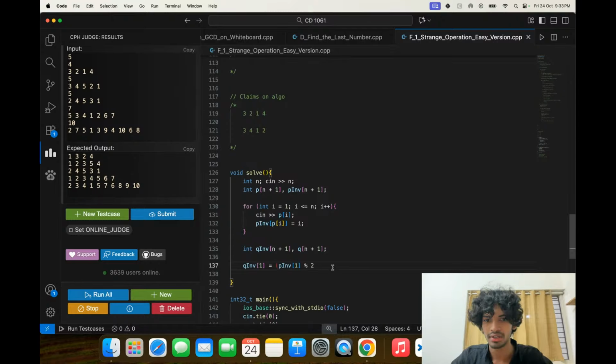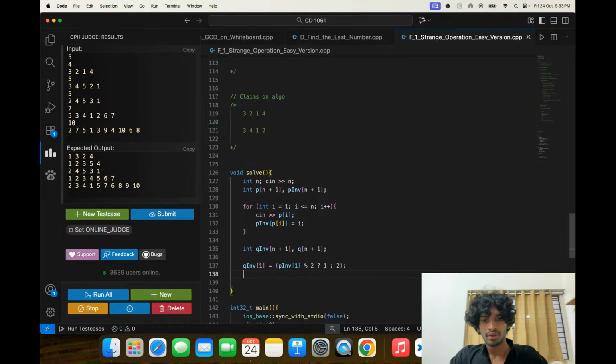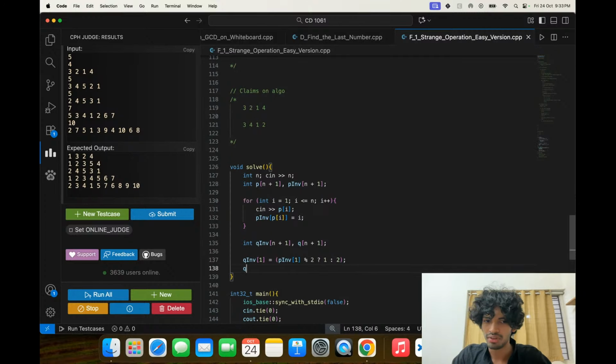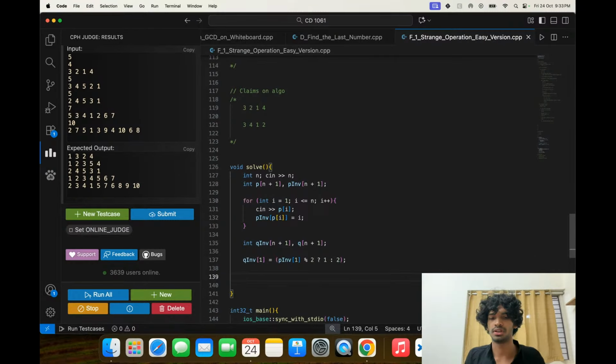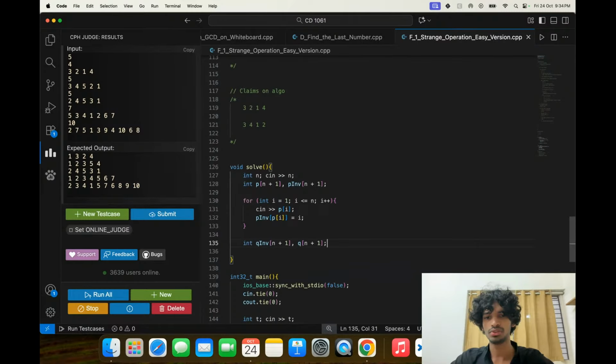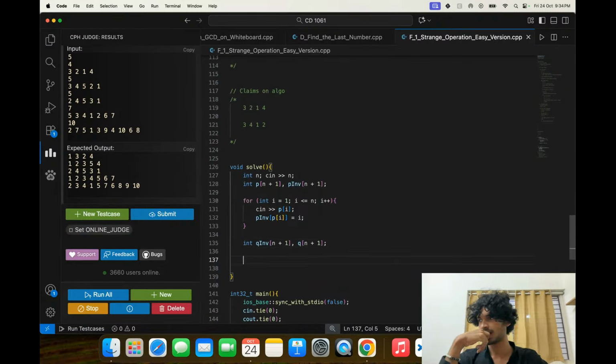If it is odd, it is 1, else it is 2. Okay. I think we are working on Q inverse first. So we know 1's final position. Now for I equals 2, we need not do that because 2 itself could have been before, right?